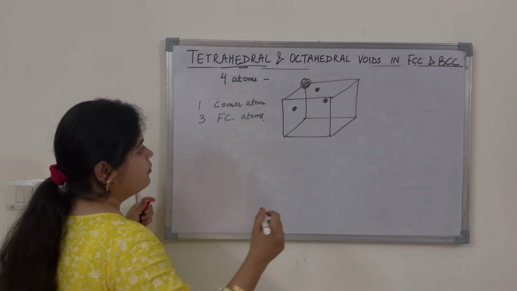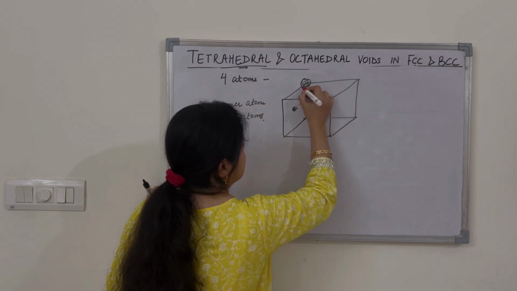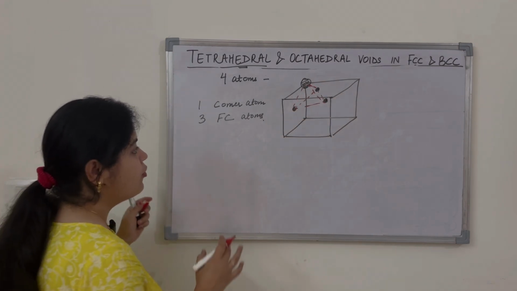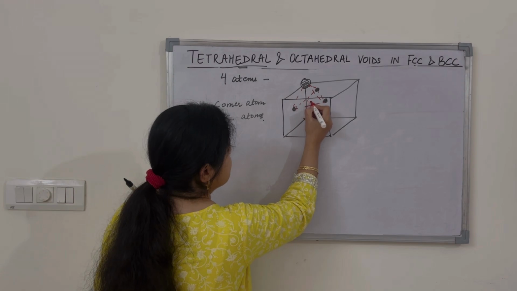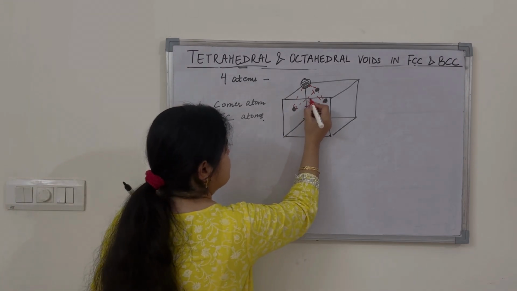Okay, so now when you join this, it forms a pyramid like structure, and the void created like this is a tetrahedral void.